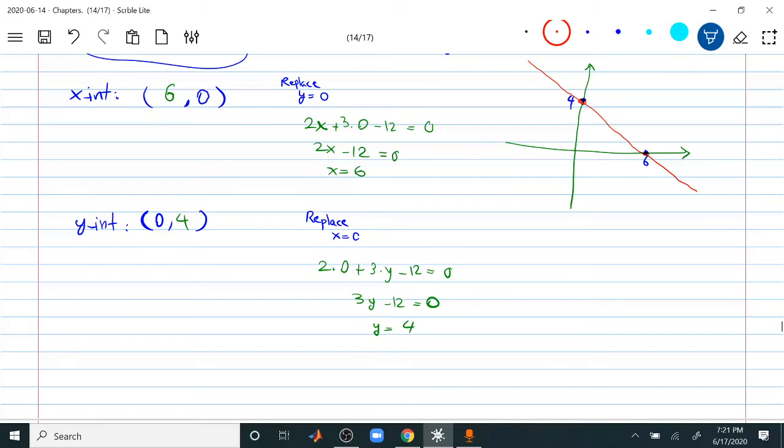For example, if both solutions turn out to be this point, then you need a bit more information because it could be a different line. It could be this line, it could be that line. So what you would need is one more point. You'll pick a different x, different y, just to figure out more points.